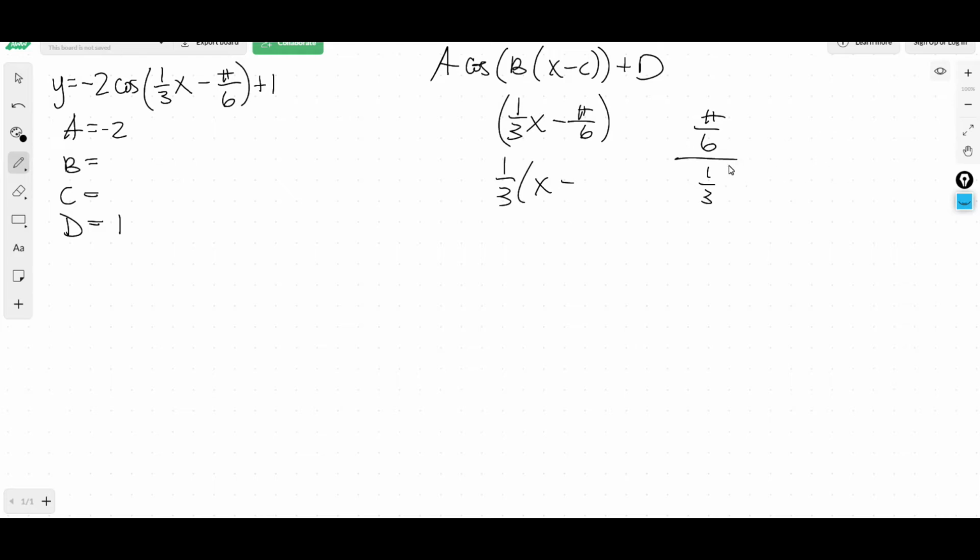That's the same as what we've done multiple times in this video, which is multiplying by the reciprocal. So we have pi over 6 times 3, which hopefully we recognize as pi over 2. So minus pi over 2. And that tells me now that b is 1/3 and c is pi over 2.